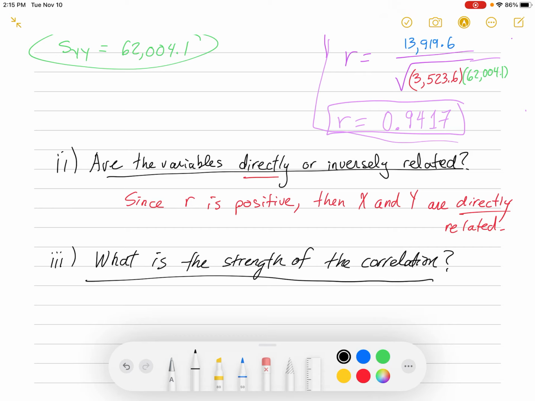Is there no correlation, or is it a perfect correlation? It's strong, right? It's a strong correlation. Remember, when the correlation is between 0.7 and 1, so greater than or equal to 0.7 and less than 1, it's a strong positive correlation.